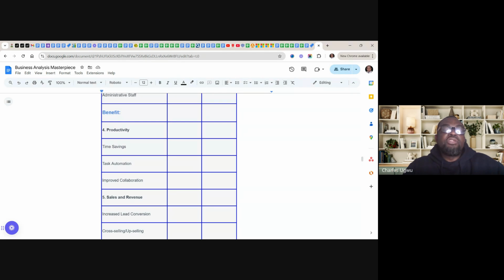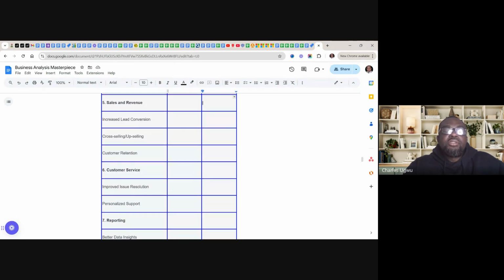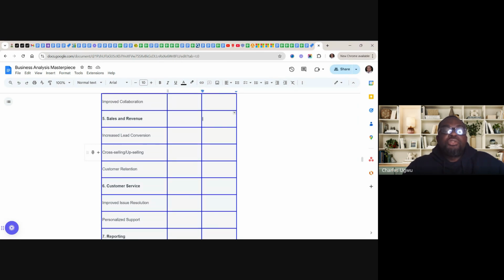But once everything is automated, you save a lot of time. So many times you can automate a process that takes up to 3 days to capture, and after automation, it is done in just 1 hour. You see the amount of time saving. So these are benefits of implementing such solutions.